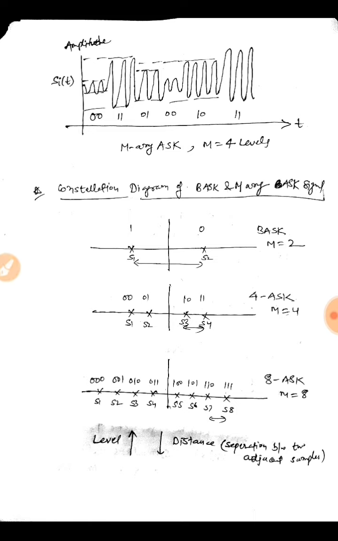So at the receiver end it can be difficult to get our information in the exact form, because there can always be a possibility of distortion between so many symbols. As the distance is decreasing, it would be difficult to detect our signal in the original form at the receiver.